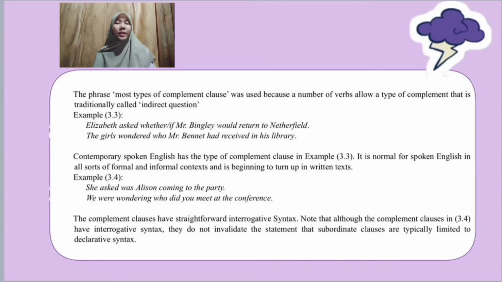In A, she asked was Alison coming to the party. In B, we were wondering who did you meet at the conference. The complement clauses have straightforward interrogative syntax.